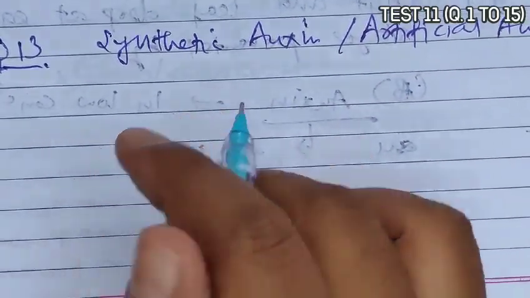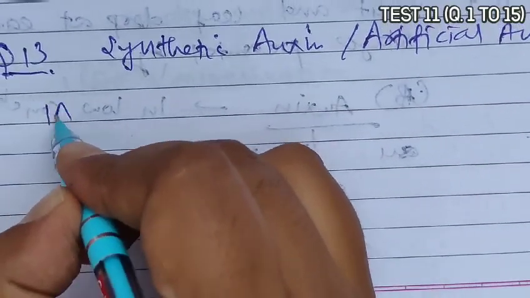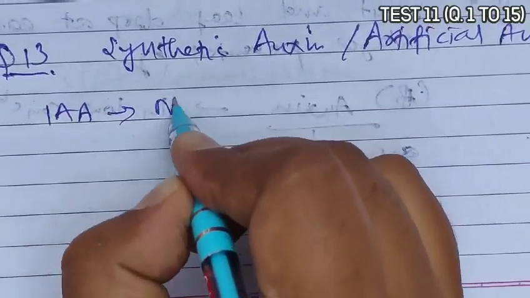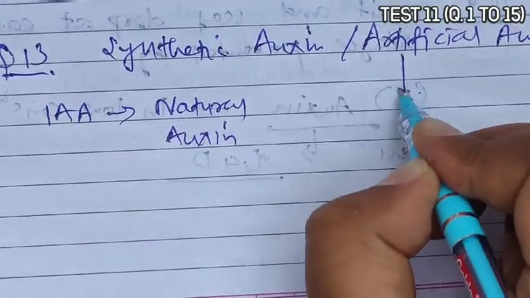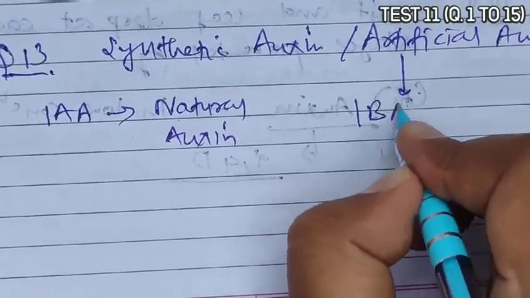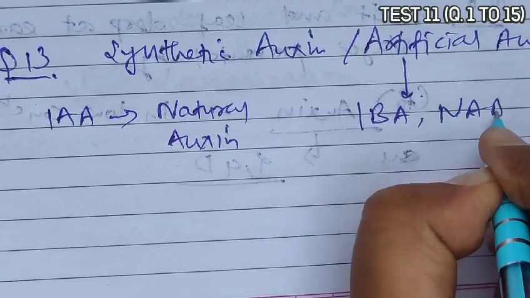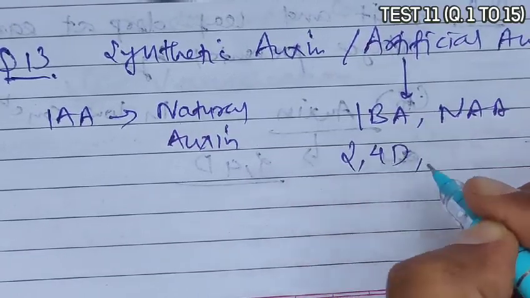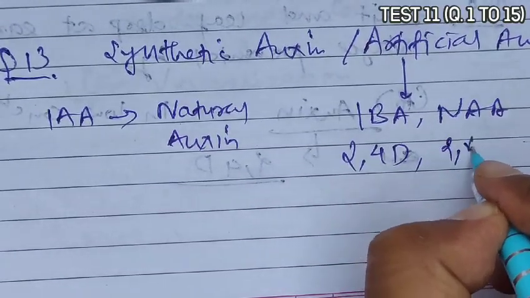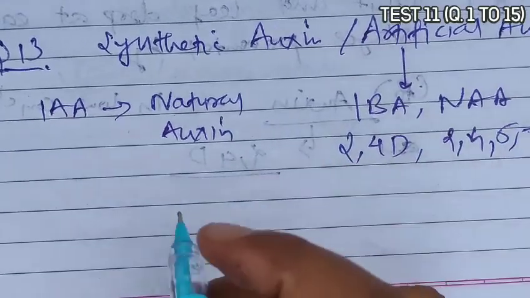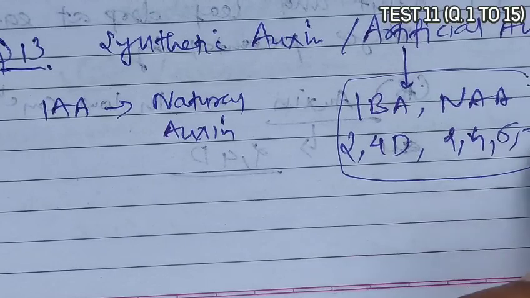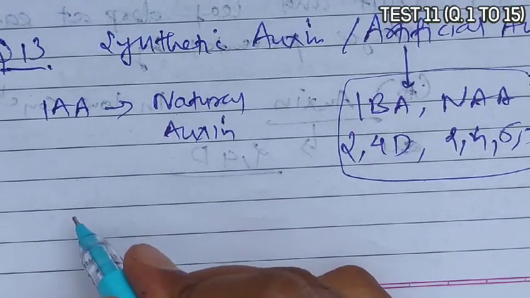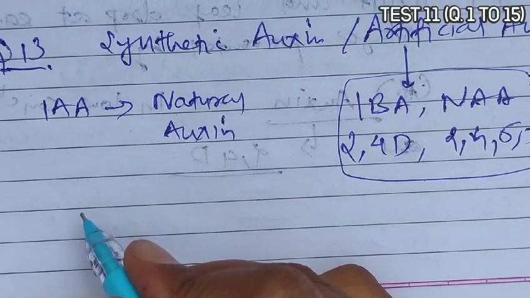Now IAA, indole acetic acid, is a natural auxin, whereas IBA, indole butyric acid, naphthalene acetic acid, 2,4-D, 2,4-dichlorophenoxyacetic acid, 2,4,5-T, all these are synthetic auxin, and naphthalene acetic acid is given.